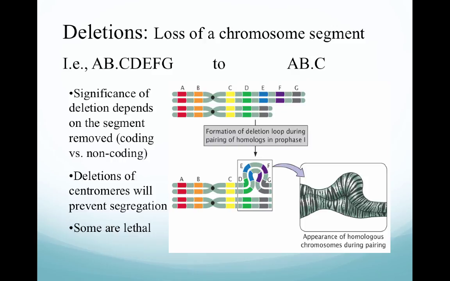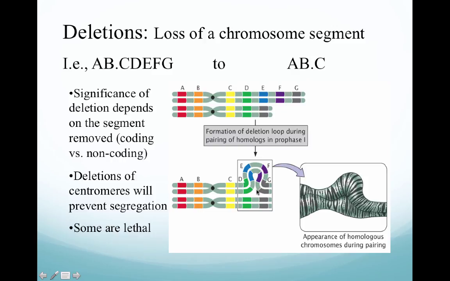So another deletion that can actually occur is if the centromere is involved. So deleting out an entire centromere can actually result in a lot of lethalities. Some of the things that happen when we get deletions of material is we get matching up of those chromosome materials except for those deleted genes.